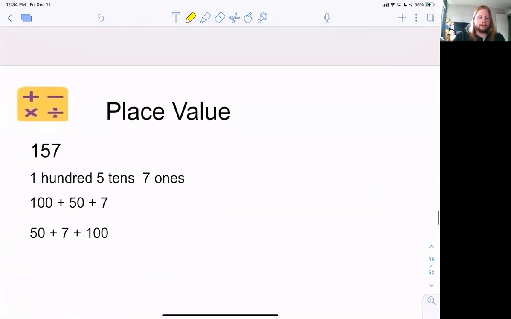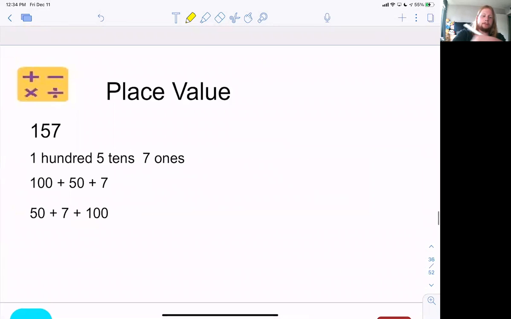All right, place value. Let's go ahead and look at these numbers in place value. So 157. 1 hundred, 5 tens, 7 ones. 100 plus 50 plus 7. 50 plus 7 plus 100. Those are all the same number, just written in different forms. So for my place value, I have my hundreds, my tens, and my ones.